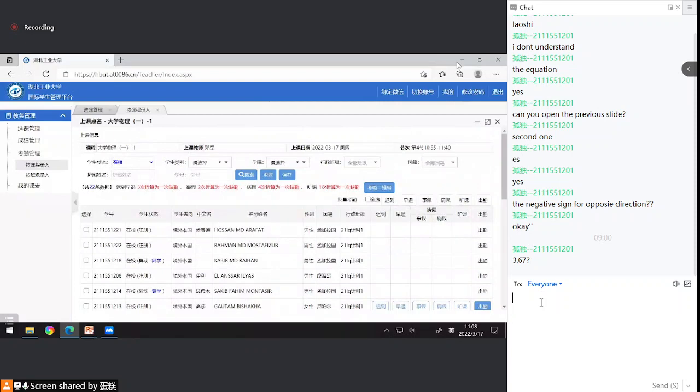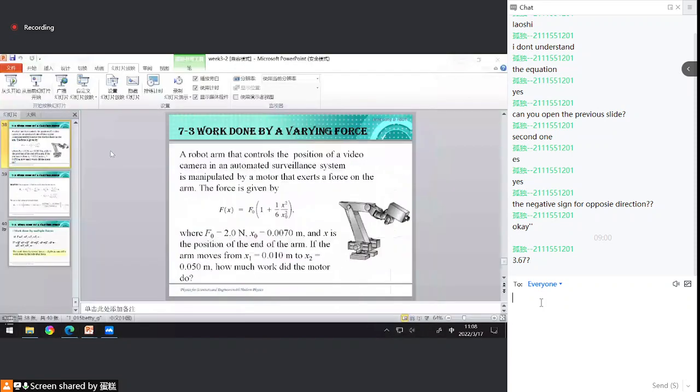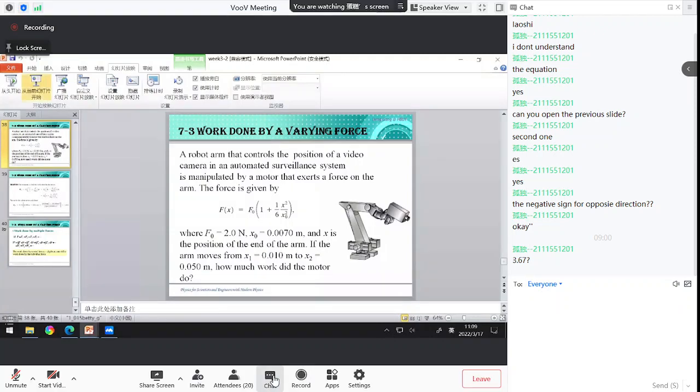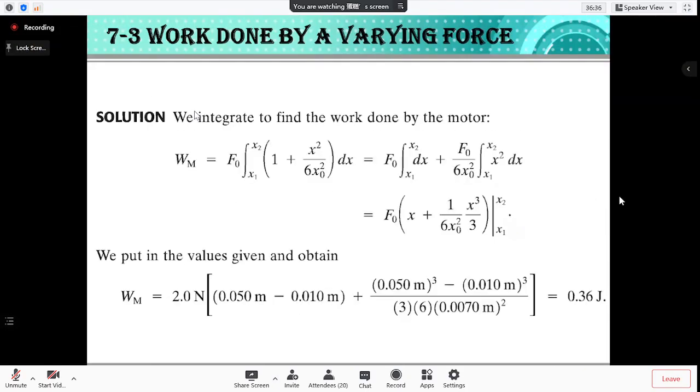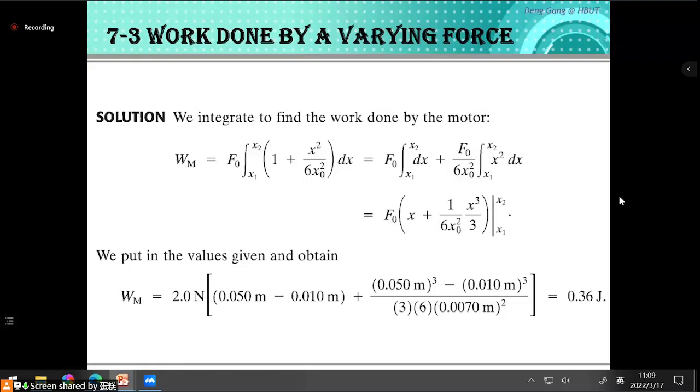Okay, so let's go on. So the integration, Fx dx. We substitute x into the equation for Fx, and then integration, and it's x squared, so that's why here is x cubed.